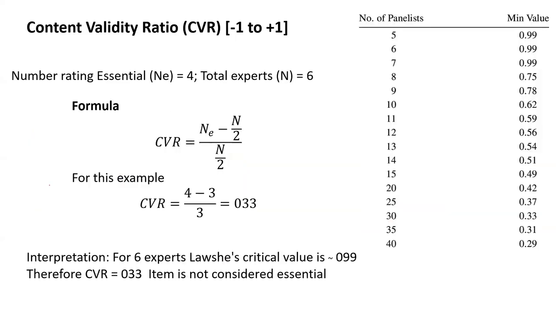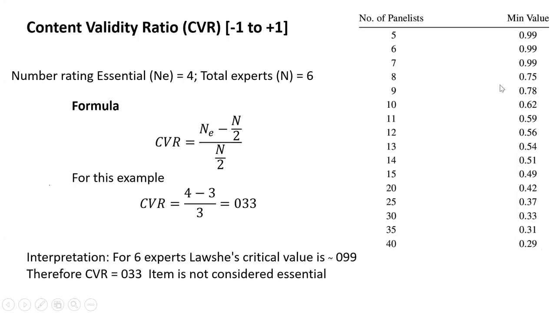So this is the formula for content validity ratio. You have the number who are rating essential minus the total number of experts divided by 2, divided by the total number of experts divided by 2. So this gives you, say, a content validity ratio of 0.33. And then depending upon the number of panelists, there is a cutoff value for content validity ratio.